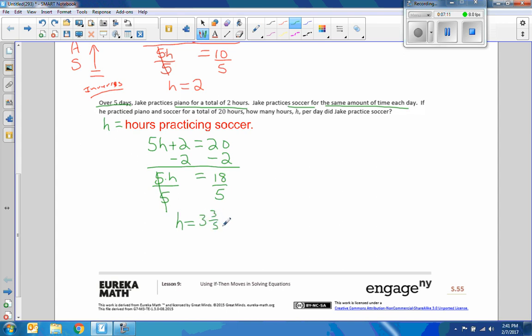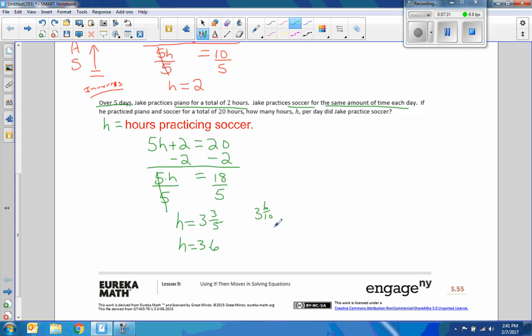5 goes into 18 3 times, that's 15 with a remainder of 3. Well, 3/5, if I wanted to convert that, is 3 6/10. But I wanted a decimal. It's 3.6 hours. Okay.